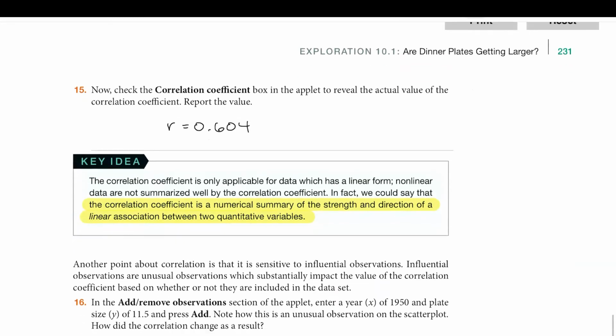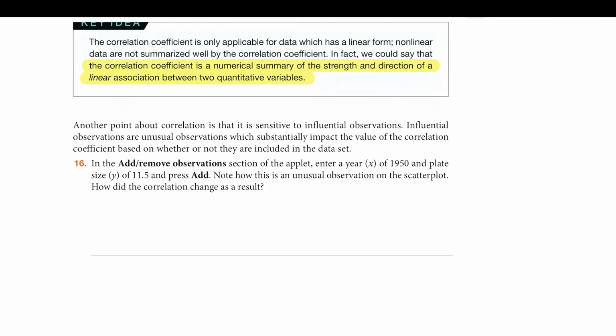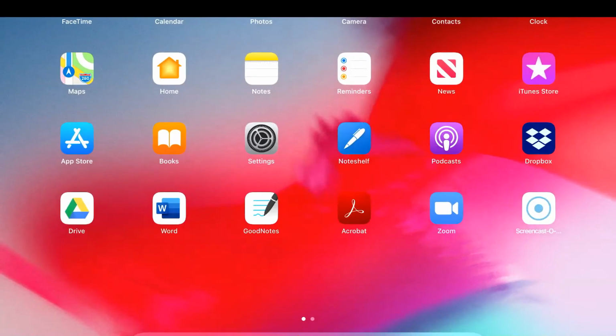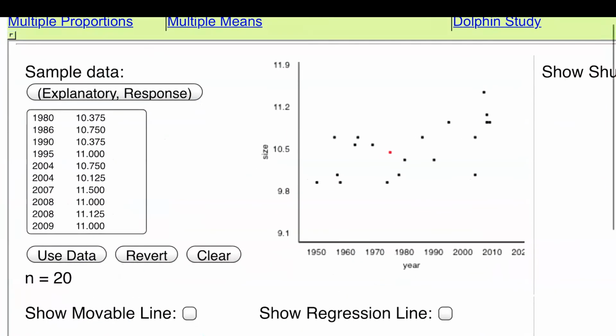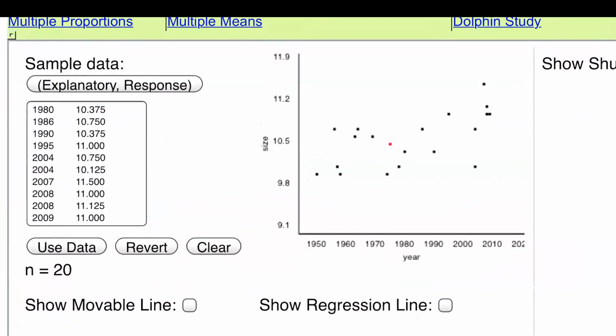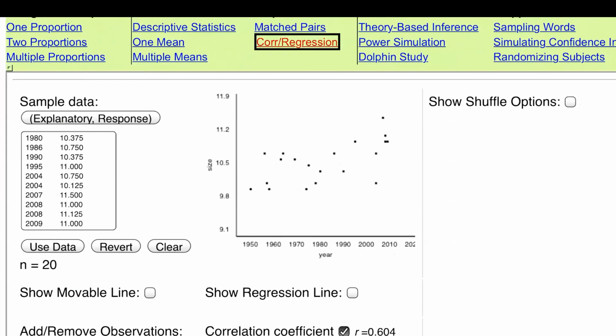Once we know the form is linear, then we can use this correlation as a numerical way to summarize strength and direction. The other point they're making here is that the correlation coefficient is sensitive to influential observations. So they're asking us to add a point, which is the one that we talked about earlier, and see what happens to the correlation.